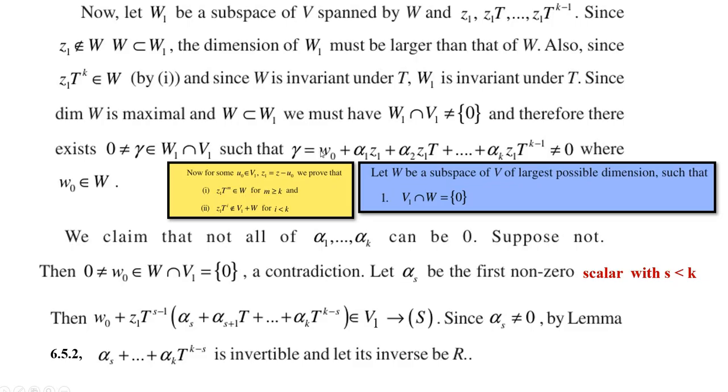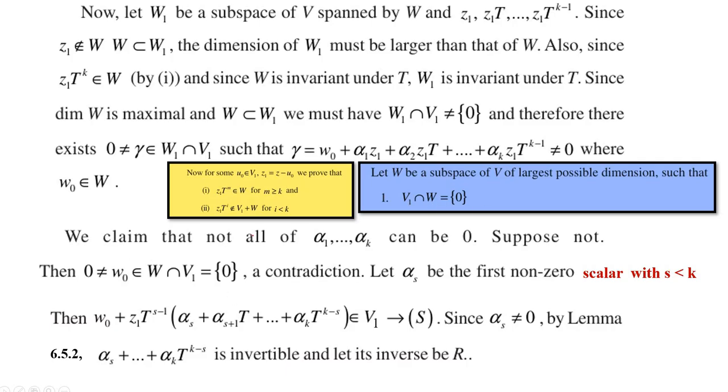So gamma becomes W naught. But where is W naught? W naught is in W. And gamma is now W naught. Gamma is in V1 also. So W naught now belongs to W as well as V1. But W intersection V1 is singleton 0, we have said.